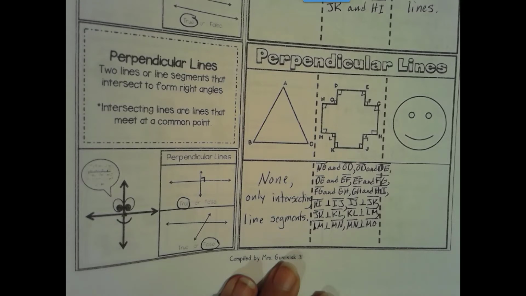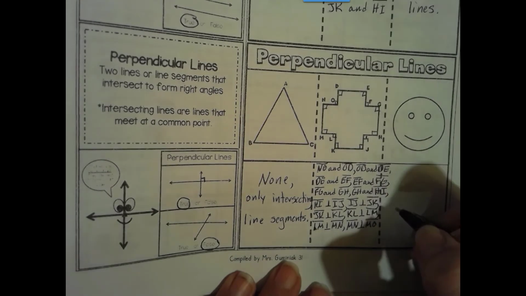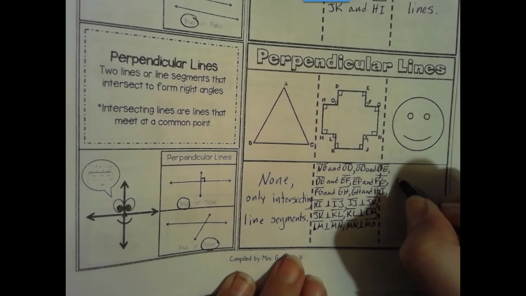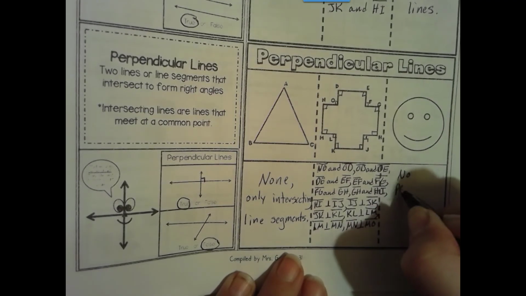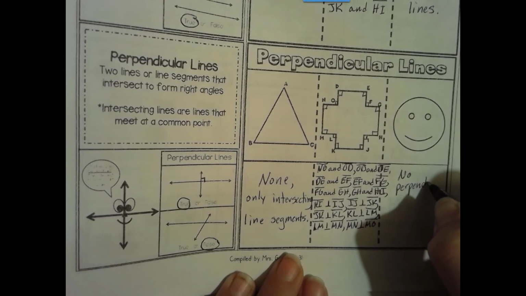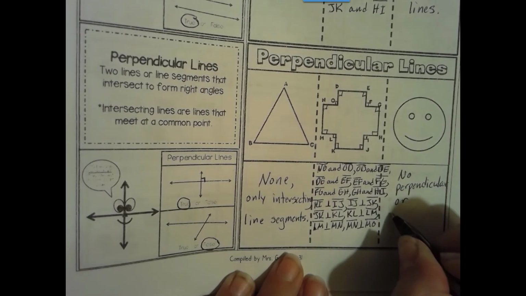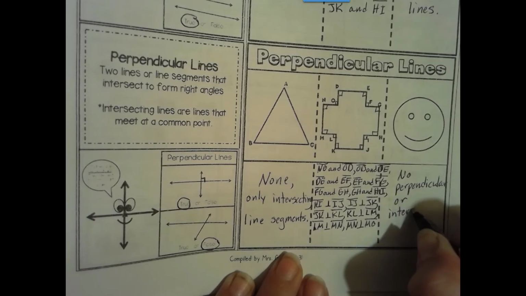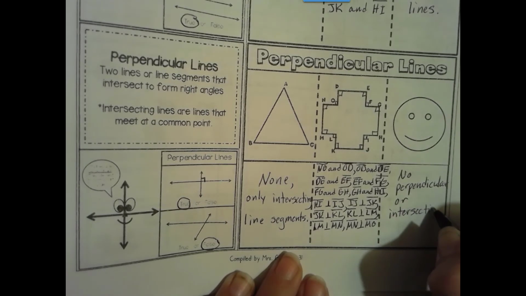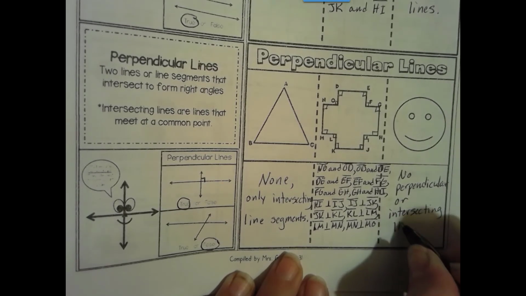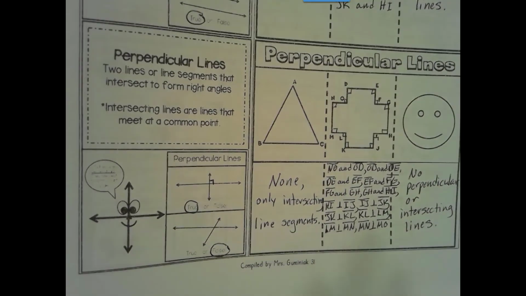So that means we can't have perpendicular lines because we have no lines at all. So we have no perpendicular or intersecting lines. We have none that even cross. We have no lines at all.